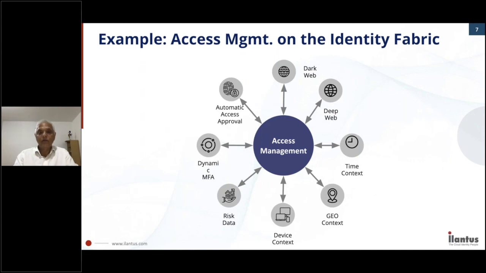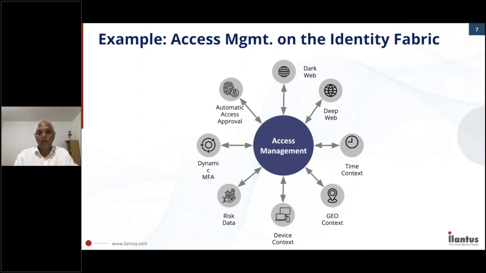So the fabric essentially would enable customers to consume any of these services for any of their devices, processes, or applications. That's how this technology is extremely different from the way IAM has operated.